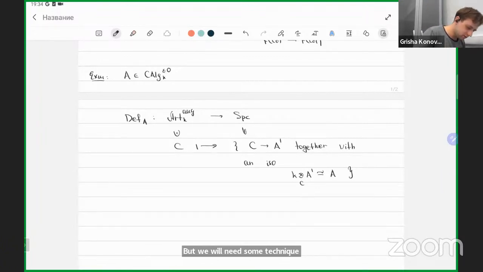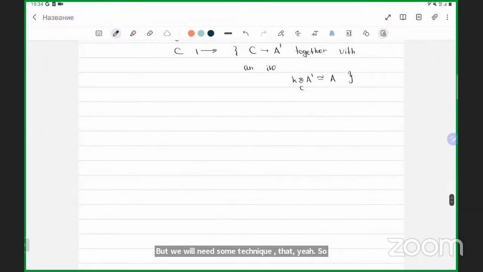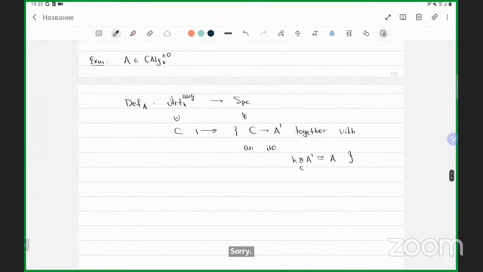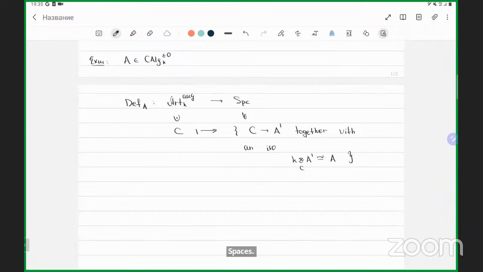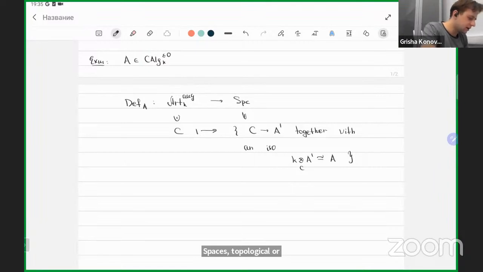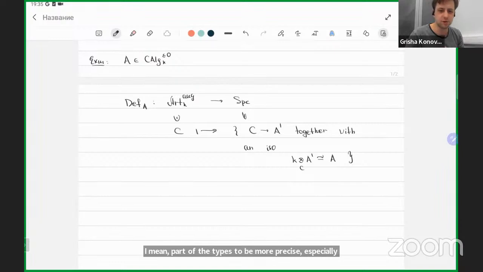Sorry, could you recall what SPC is? Spaces. Spaces is topological, I mean homotopy types, to be more precise. Spaces up to weak homotopy equivalences.